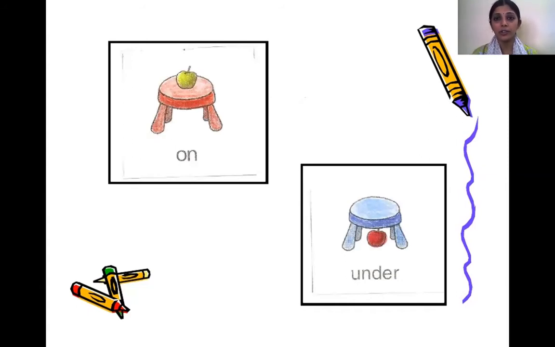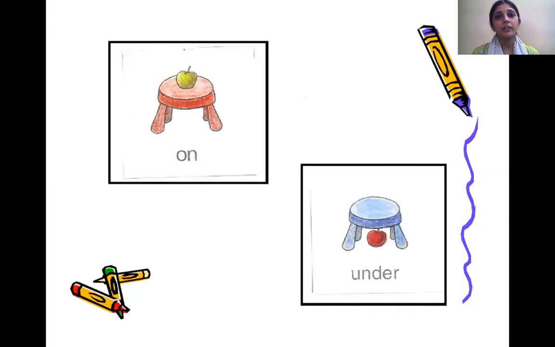A book is on the table, all right, and there was another, an apple is in the basket. So where have you kept a certain thing? Here also there is a small table, and there is a fruit on that. So you can say that a fruit is on the table.